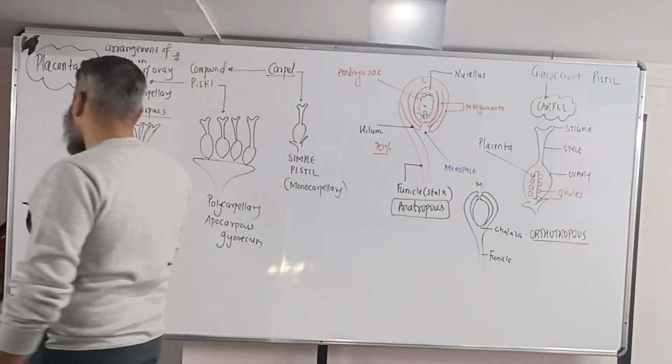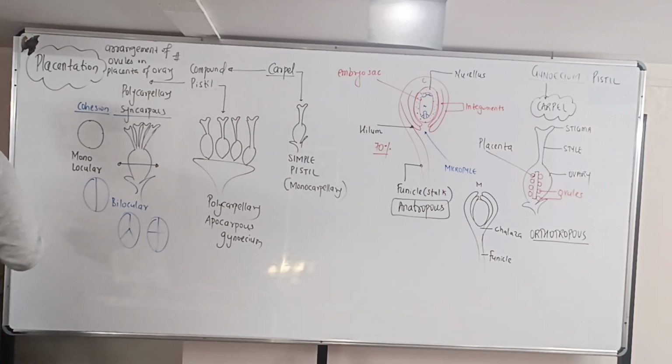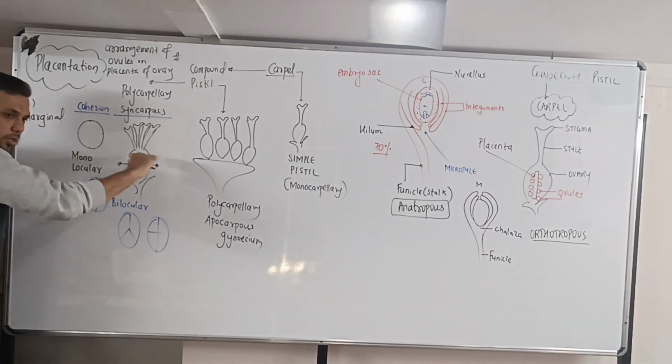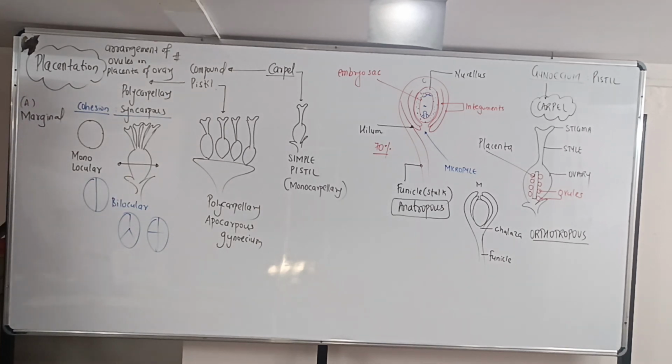Yes. Now see, the first type, which has been called marginal. What is the first type? Marginal. Are you there with me, everybody? Yes. Now I cut the ovary. What did I cut? Ovary.